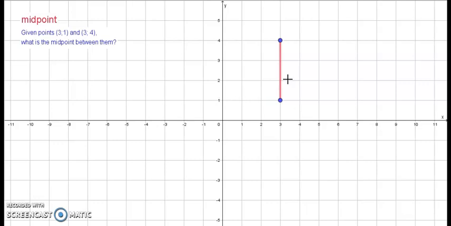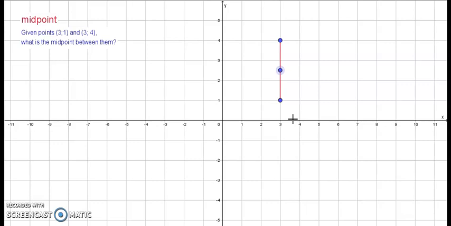And so we kind of have the sense that, well, what's the number that's right between 1 and 4? It would be 2.5. So your midpoint would have the same x-coordinate, and a y-coordinate of 2.5. You can kind of see that that's smack in between these 2 points.